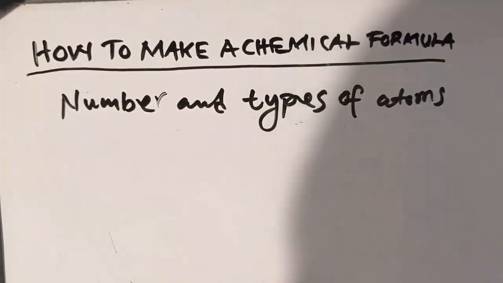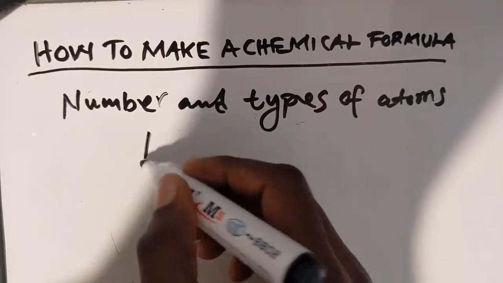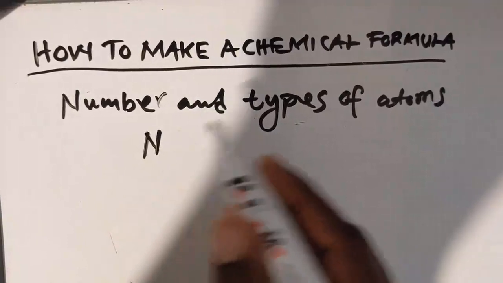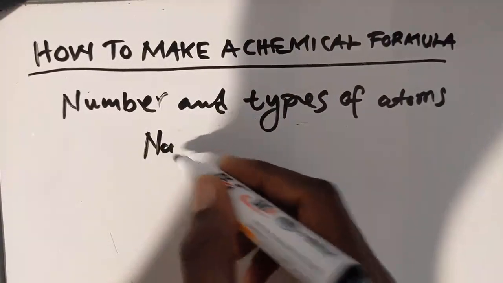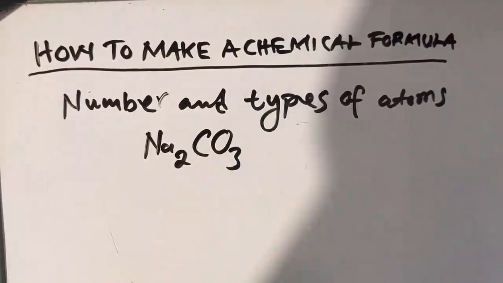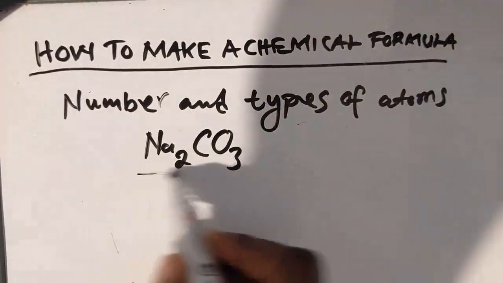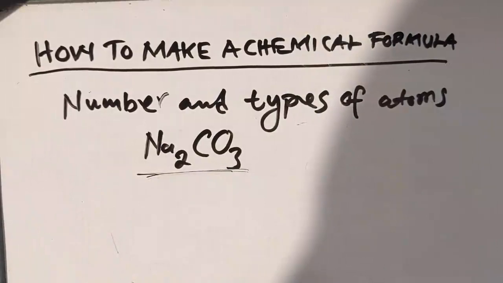So what are we really talking about? For example, we have a chemical formula of, let me say, sodium carbonate. So this is actually a chemical formula of sodium carbonate.